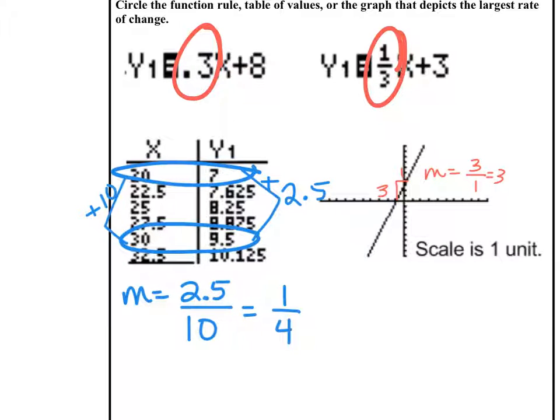Yep, or 3/10 if you want to write it as a fraction. So if you look at these four slopes, you have 3/10, 1/3, 1/4, and 3.